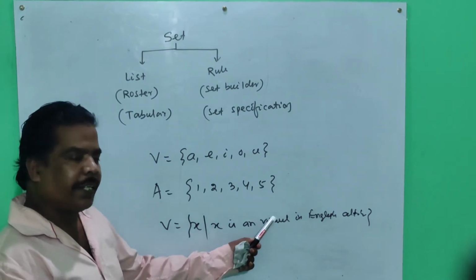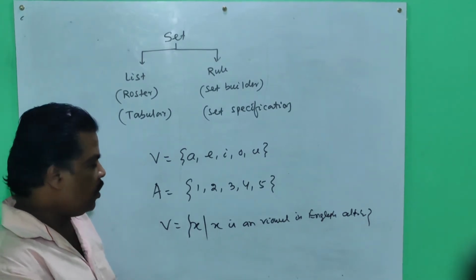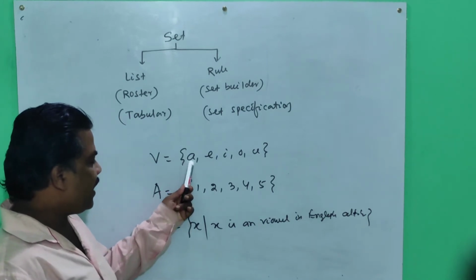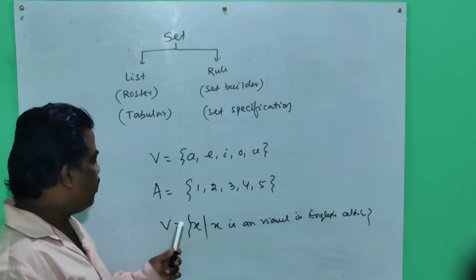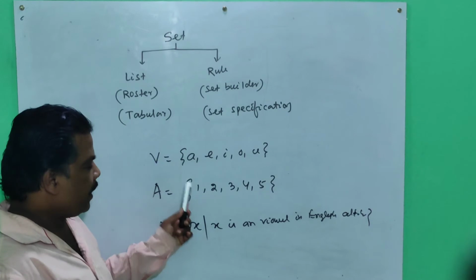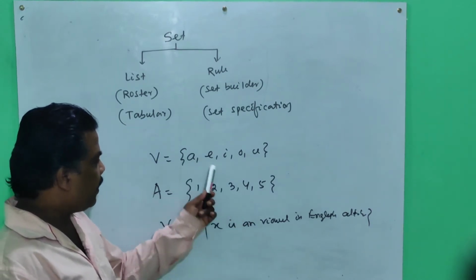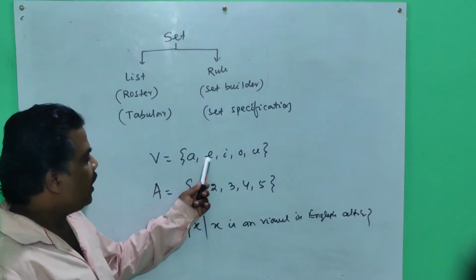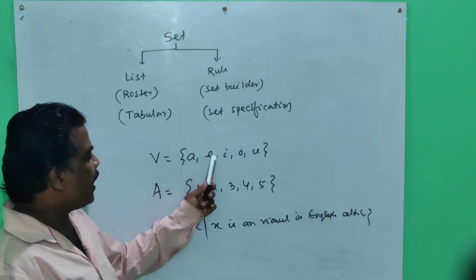X is a vowel in the English letters. That means we know A is an English letter that is a vowel, so A belongs to the set. E is an English letter that is a vowel, so E is an element. In this way you write the elements A, E, I, O, U.